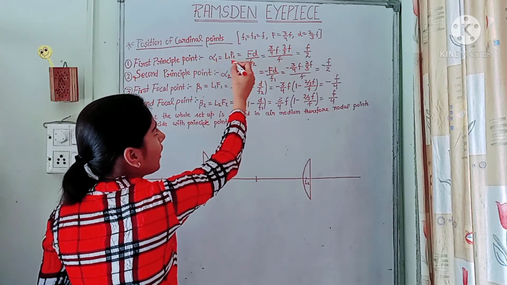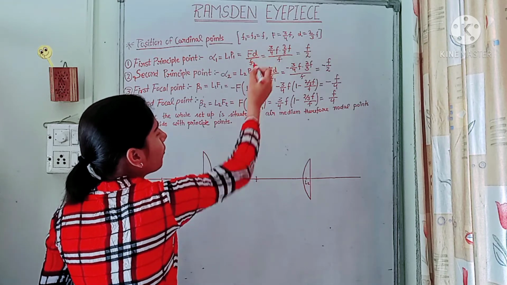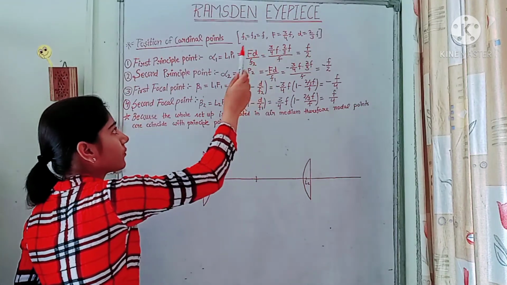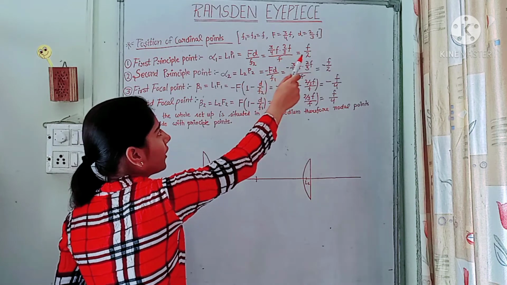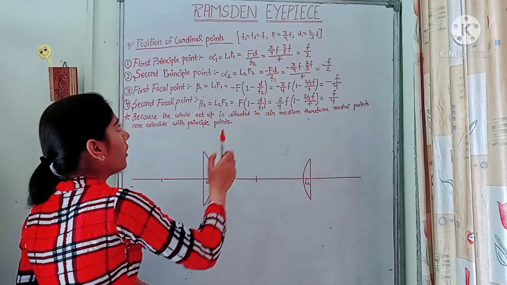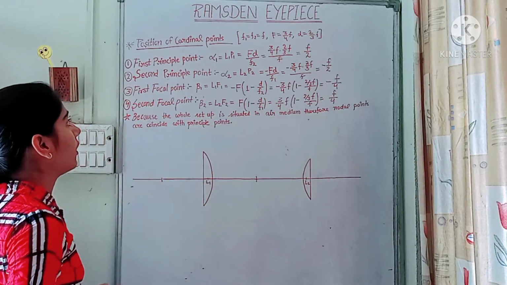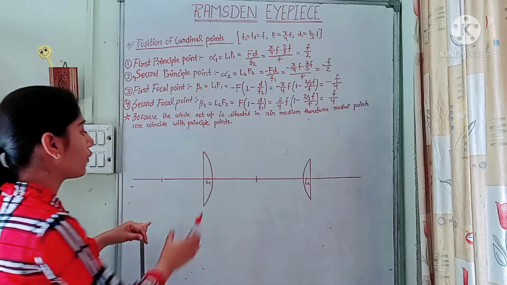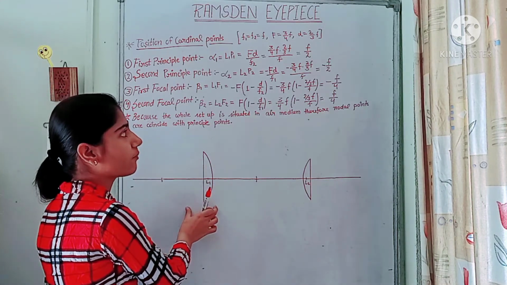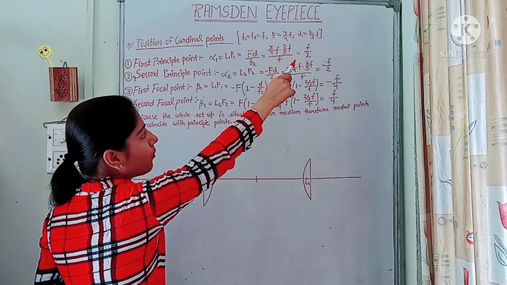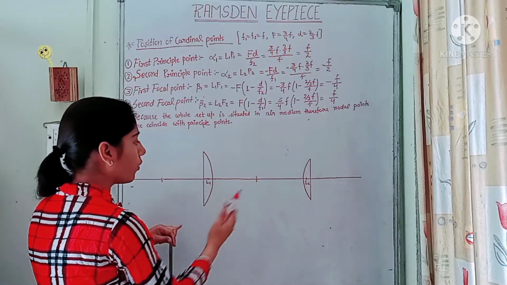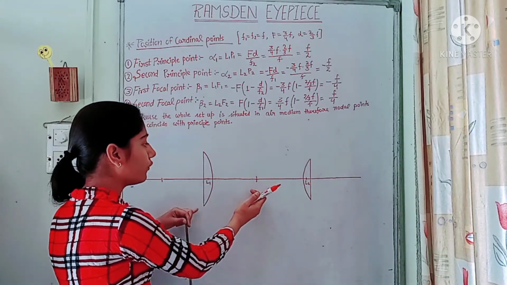Alpha 1 equals L1P1 and the formula is FD upon F2. When you put all these values over here, you get F by 2. So the distance of the first principal point from the field lens L1 is F by 2, and this has a positive sign, so it will lie on the right of the field lens.